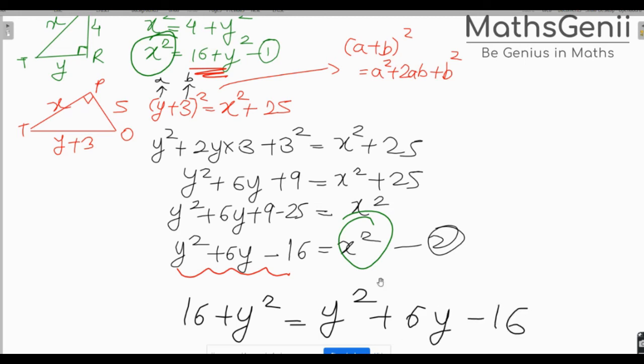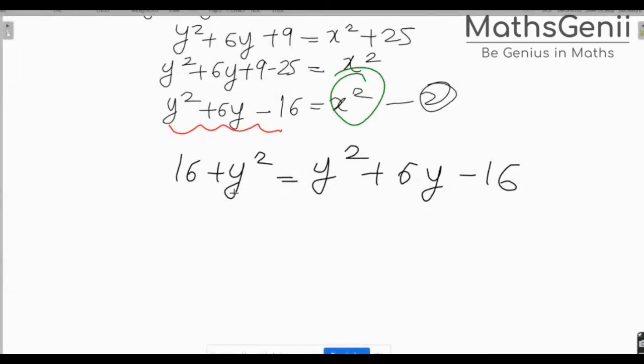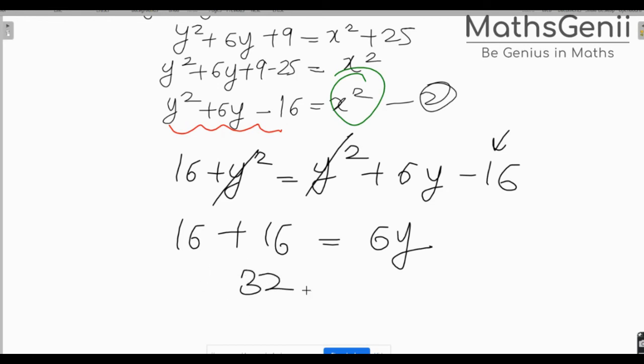Plus y square on each side gets cancelled. This 16 comes this side, becomes plus 16. 6y remains as it is. 16 plus 16, 32. 6y is equal to 32 upon 6.